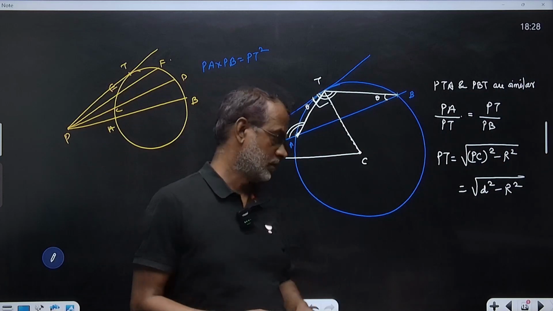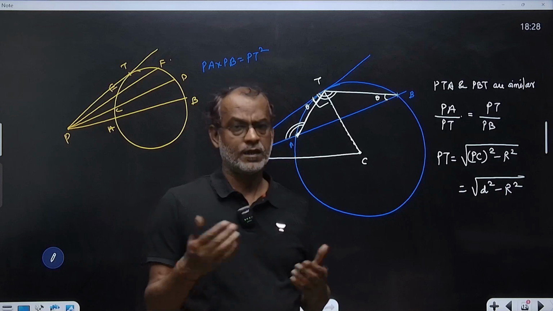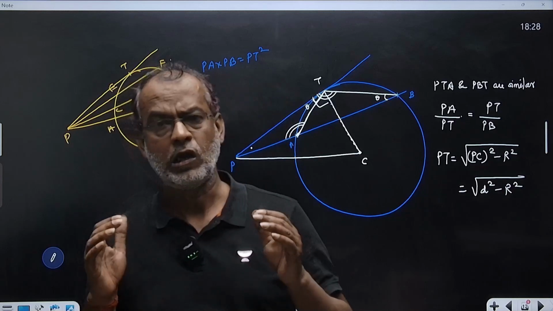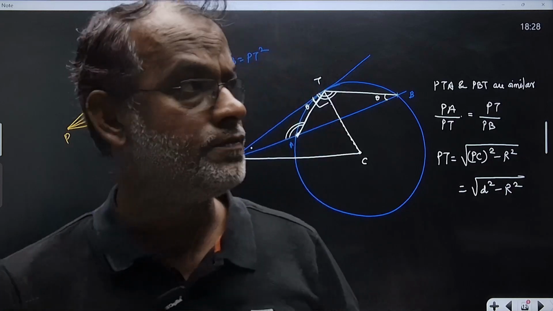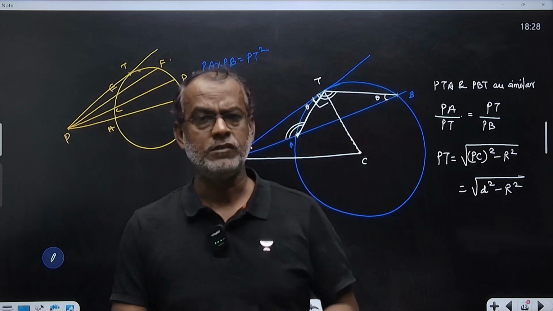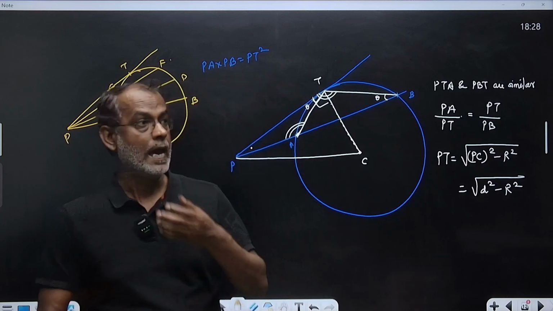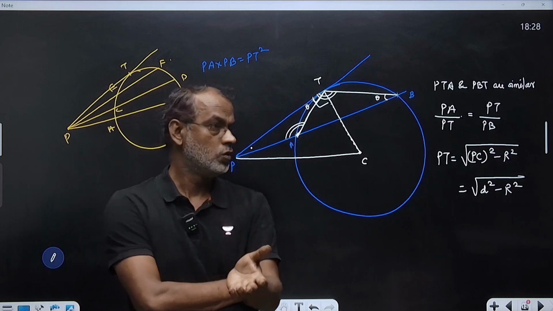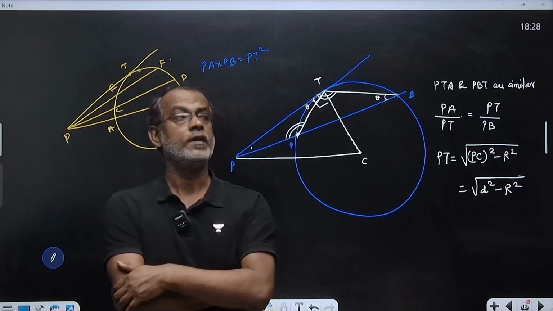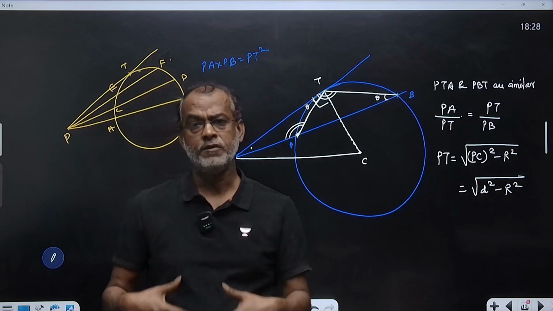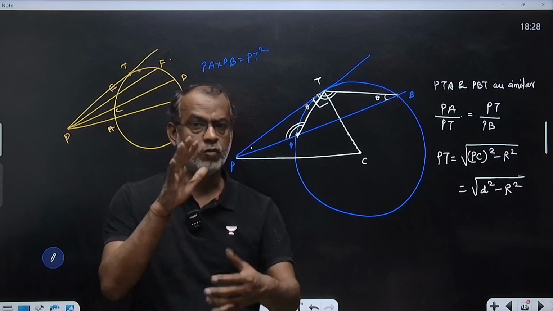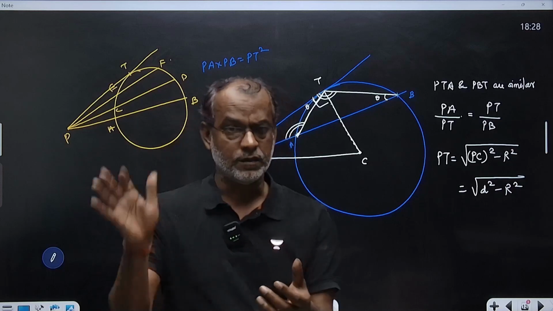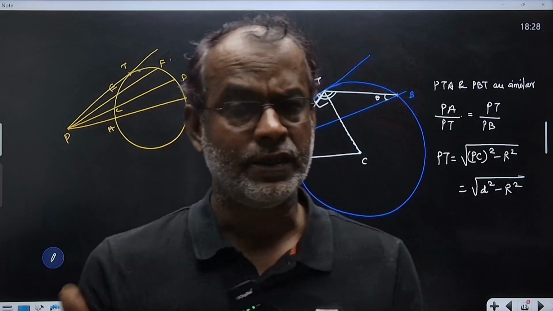More on common tangents to two circles and other things. Okay, today we didn't do many problems. In the next class, we will initiate with problems and then go on to various problems that we encounter. Now will come the fascinating part of geometry, which will include quadrilaterals, cyclic quadrilaterals, triangles, similar triangles, circles.